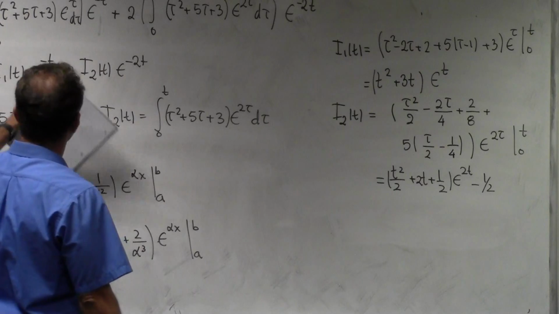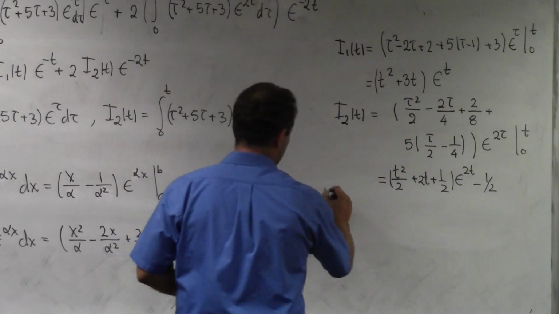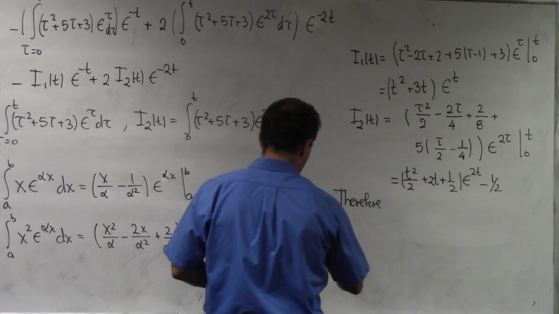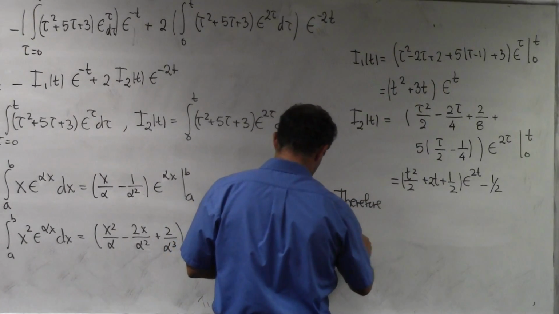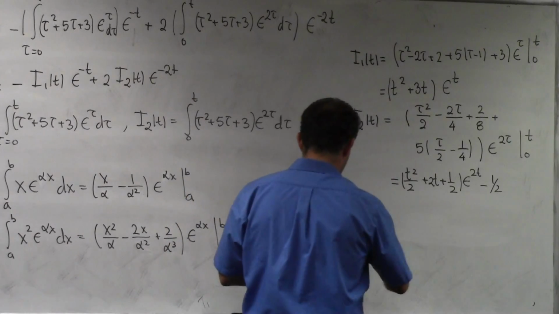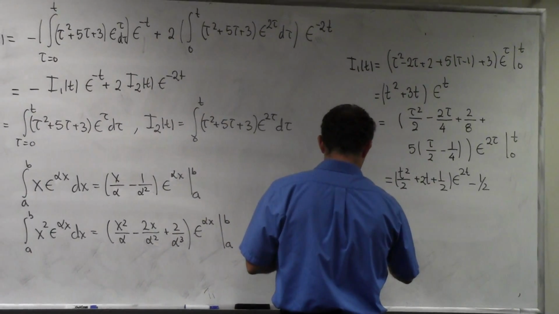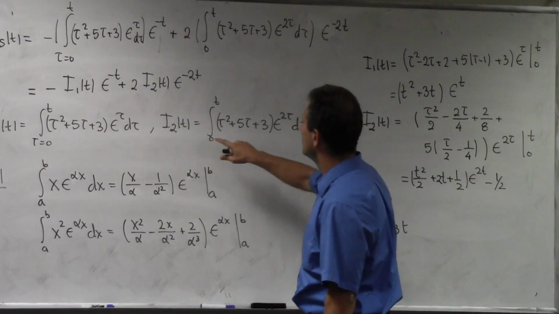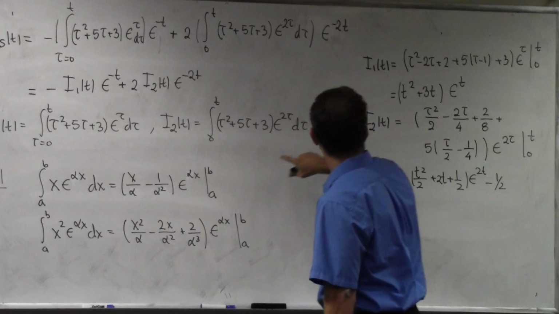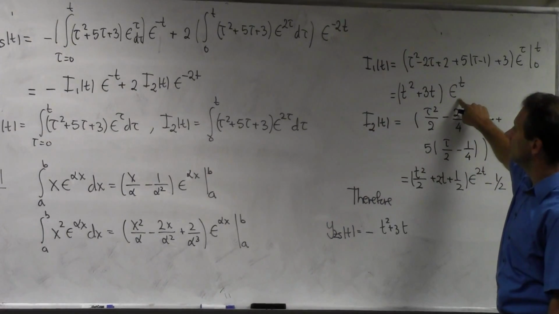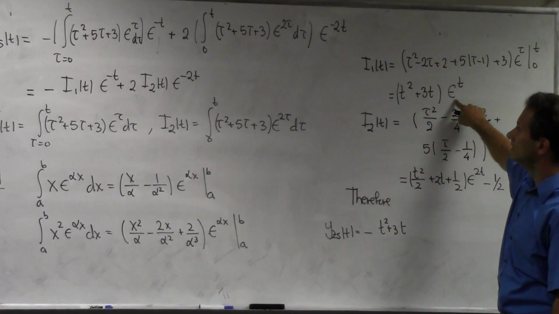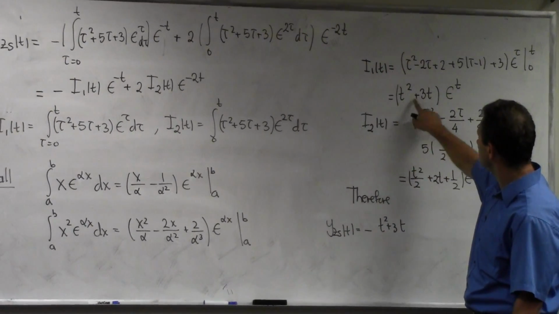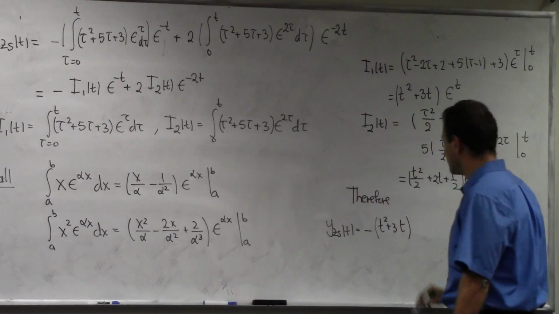Now we need to plug that in here and get the zero state response. Y zs of t ends up being minus t squared plus 3t. An interesting thing is, I have e to the minus t multiplying this, so e to the minus t cancels with this e to the t. So I have just minus I1, which is t squared plus 3t, with minus up front.